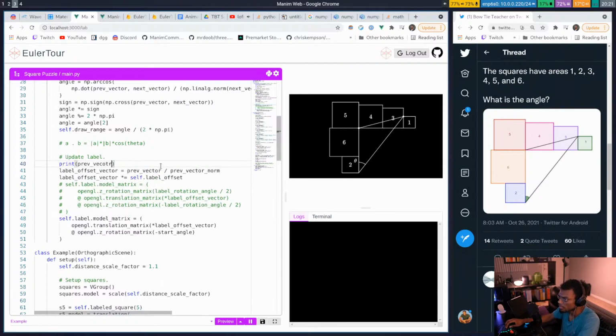Let's see. Okay, so that is in fact to the right. That's good. If I leave this empty, oh, it's due to that rotation.